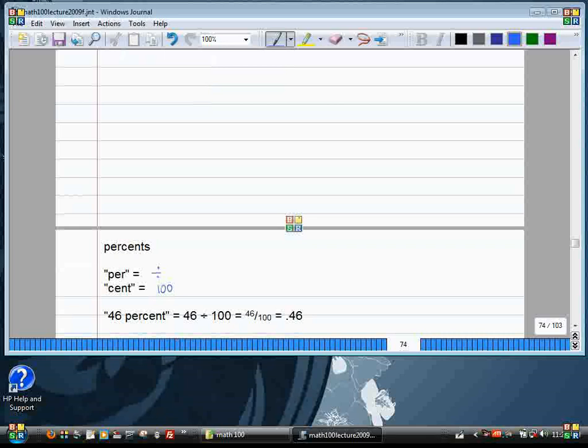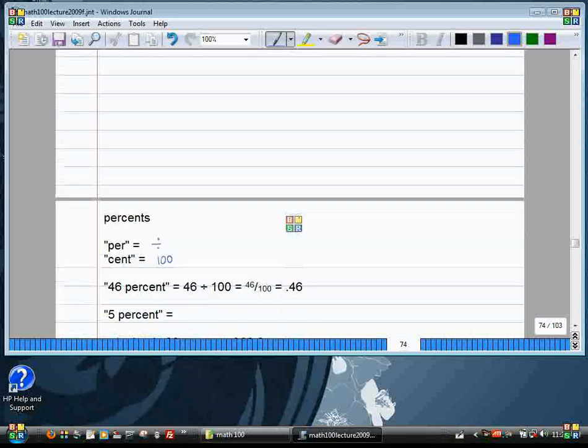So 46% just means 46 divided by 100, which is 0.46. Okay. So what is 5%? Now what is this as a decimal?